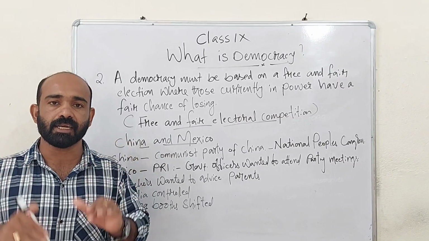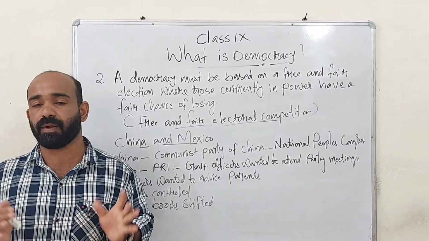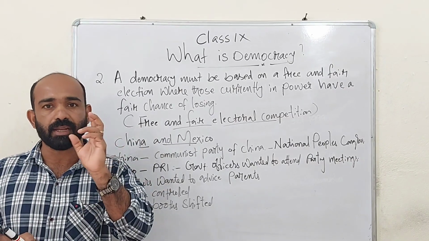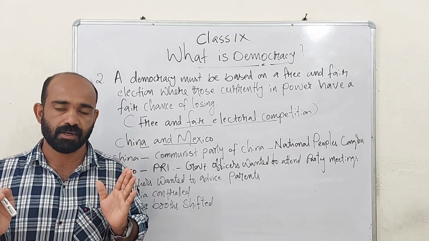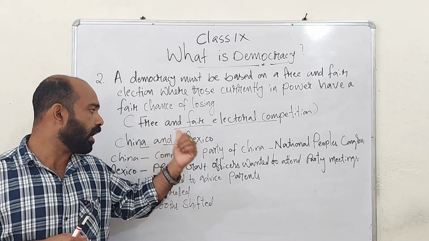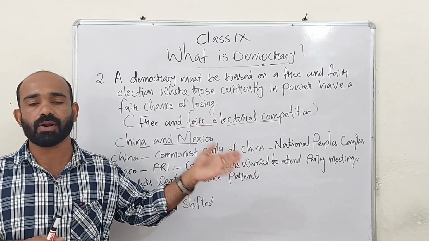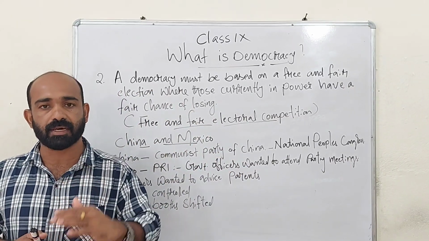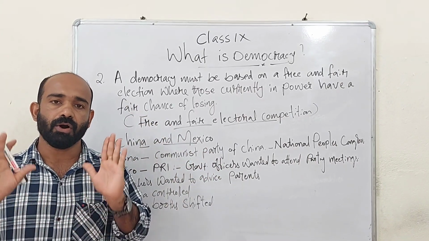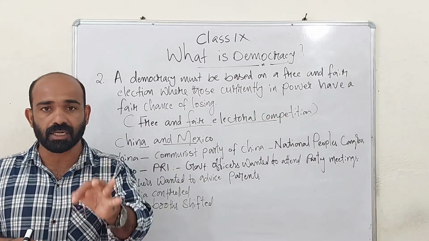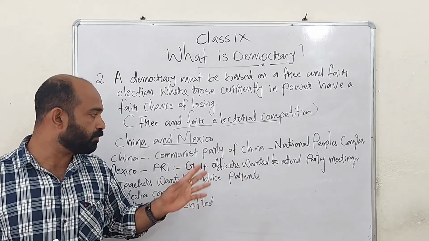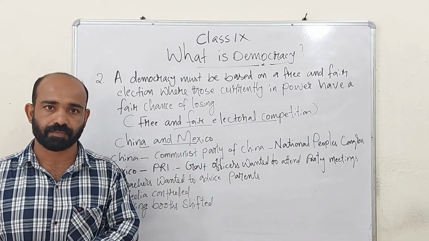So basically we can say that no independent candidate will be there in China. Nobody can stand as an independent candidate. If anybody wants to stand as a candidate, he or she must take membership in either the Communist Party of China or the eight other small parties which are attached to it.